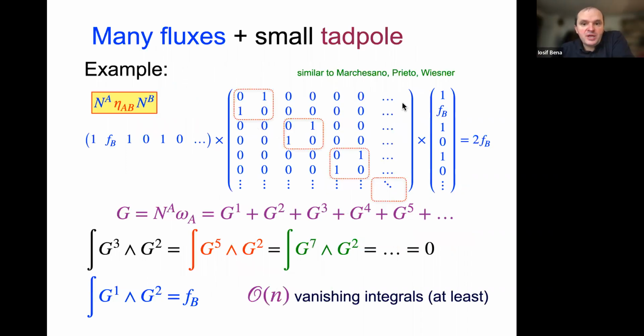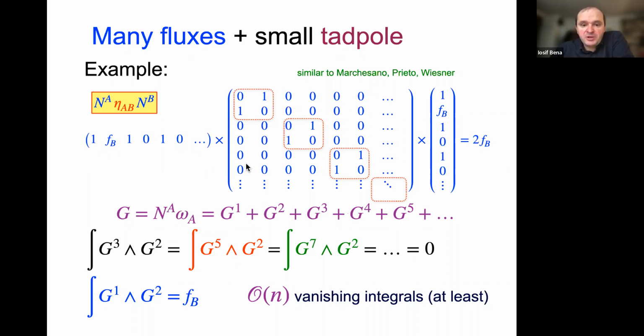To see this, take one example, which is basically people's favorite example, taken by these guys also. Take some manifold which has A cycles and B cycles. Those are the A cycles, those are the B cycles. You put flux 1, 1, 1, 1, 1 on all the A cycles, and you put some flux on a B cycle, just on one of them, which is F_B.